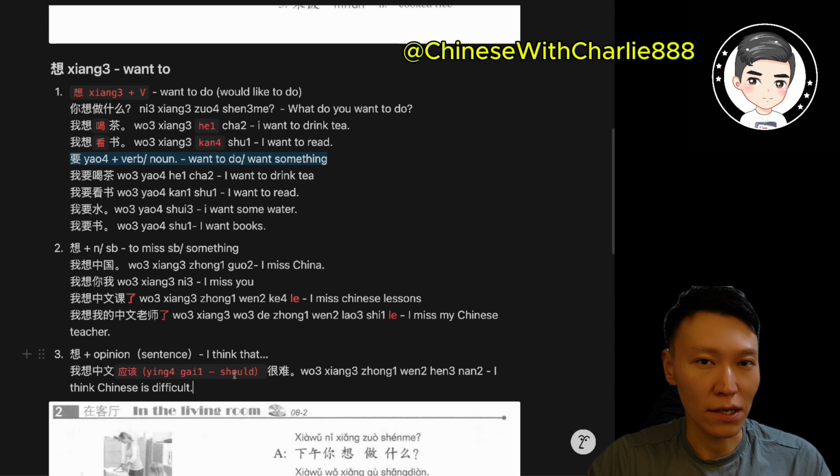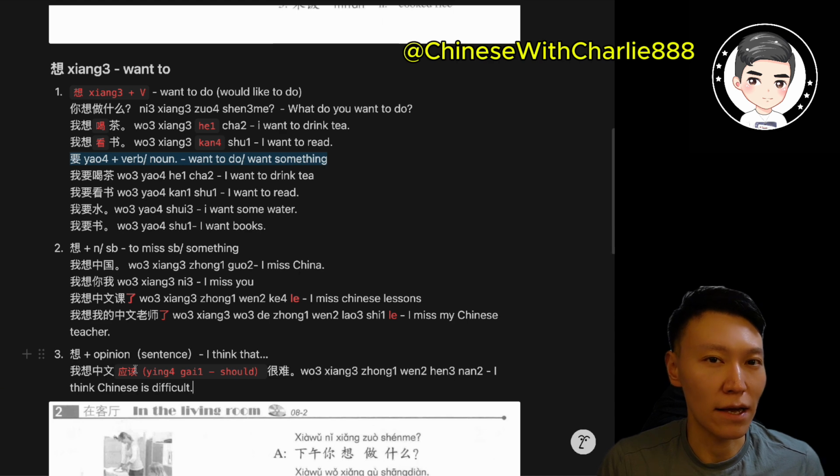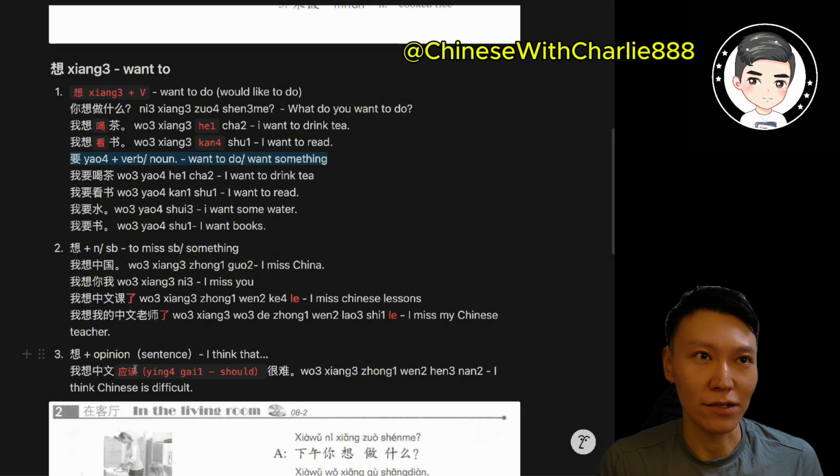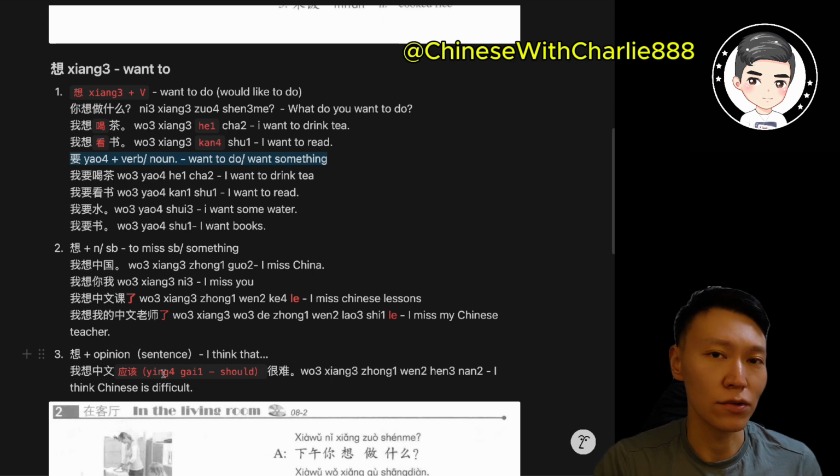Why do we use 应该? Because 应该 shows that that's just my personal feeling. I don't have any solid evidence to prove my idea. So I just want to show that's my personal opinion. That is why 应该 is used here to show this uncertainty.